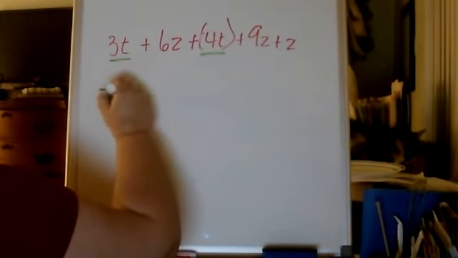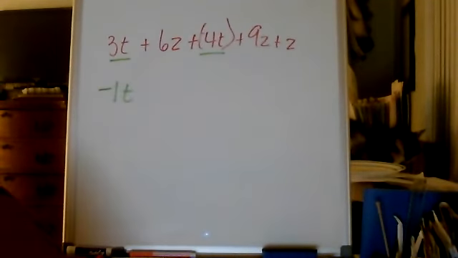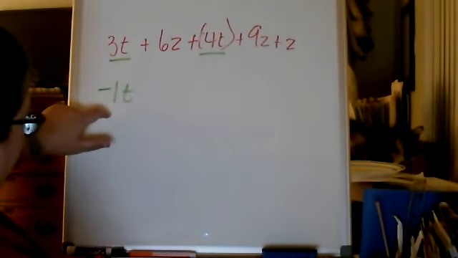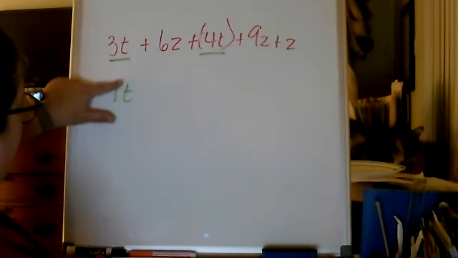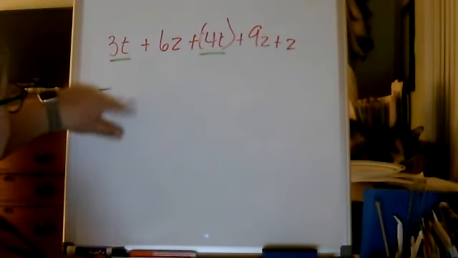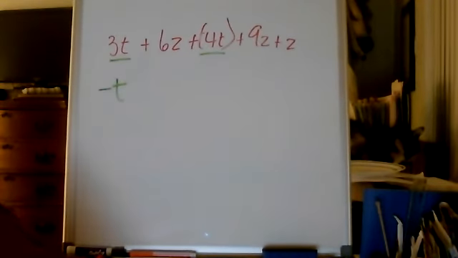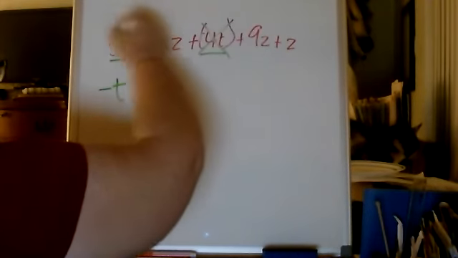So negative 1T. But again, we don't have to have that one there. Okay? Because we are big boys and girls and we know that the 1 is already assumed. So it's negative T. But you didn't know you could do that, did you? So that takes this out and this out.